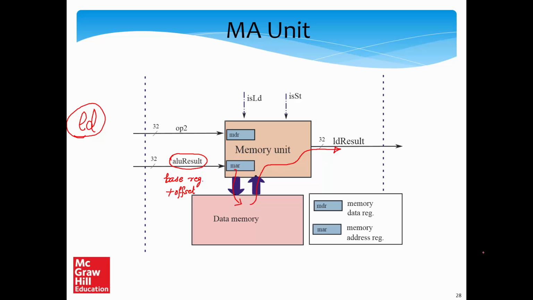Now, let us consider the case of a store. Let me erase all the ink on the slide and write a big store over here. A store requires two things. A store requires the value to be stored.